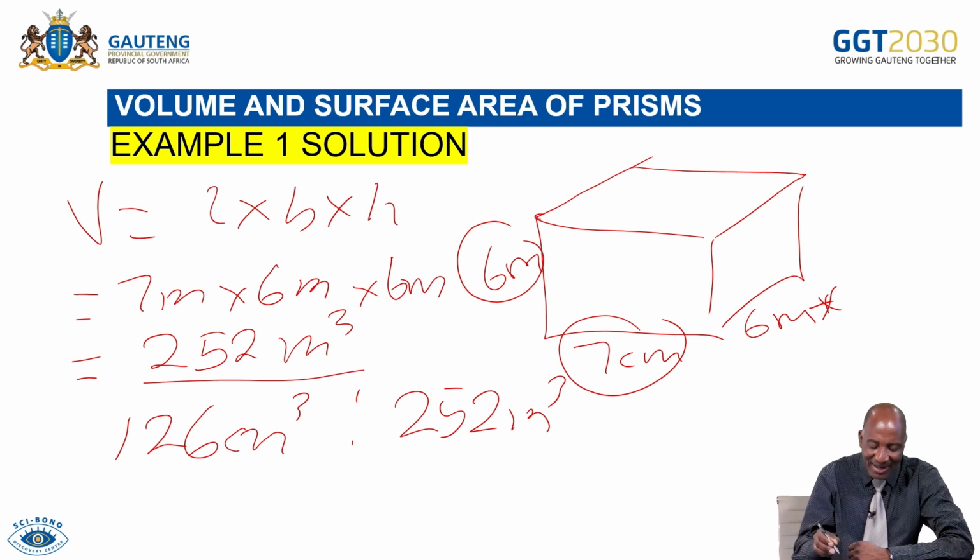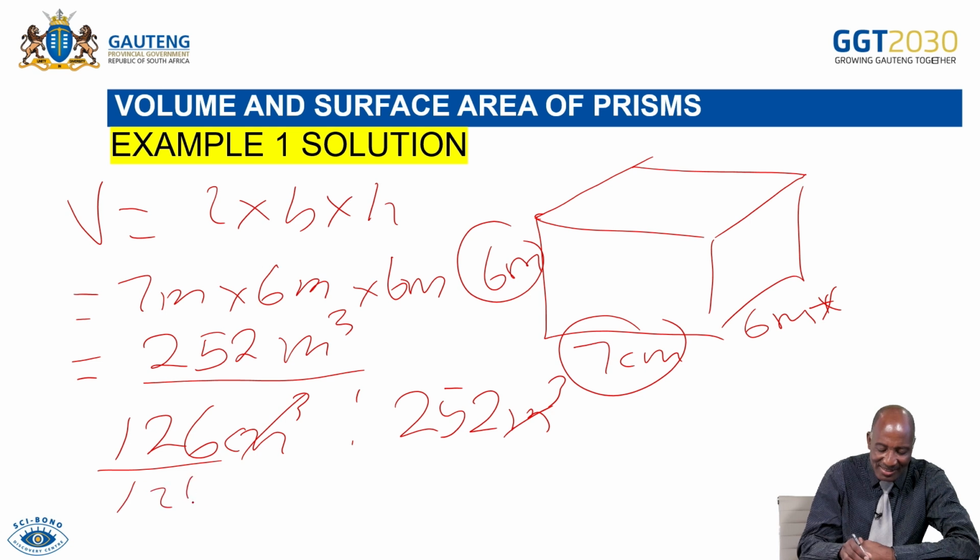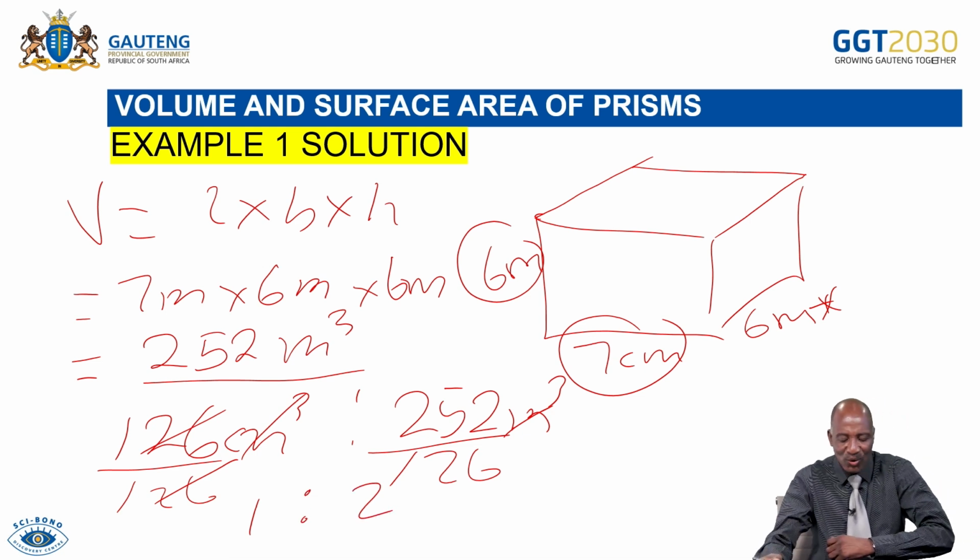If we divide both sides by 126, I think it's a factor, the ratio becomes 1:2. The ratio is now 1:2. And what we are realizing is that the new volume is double the original volume.